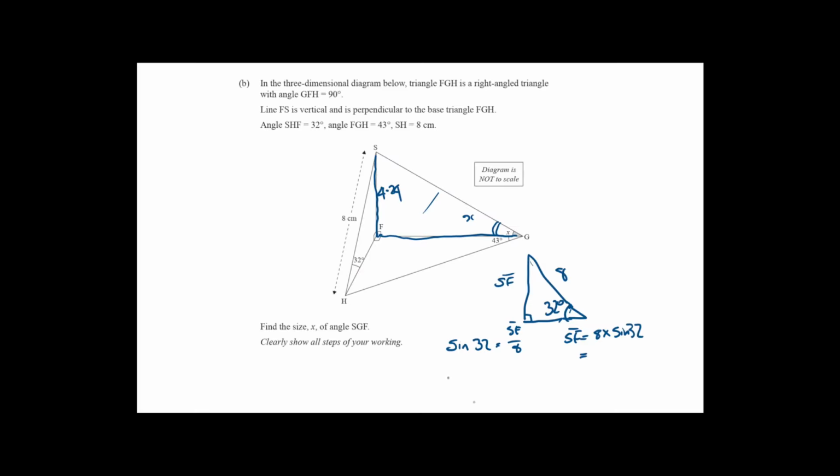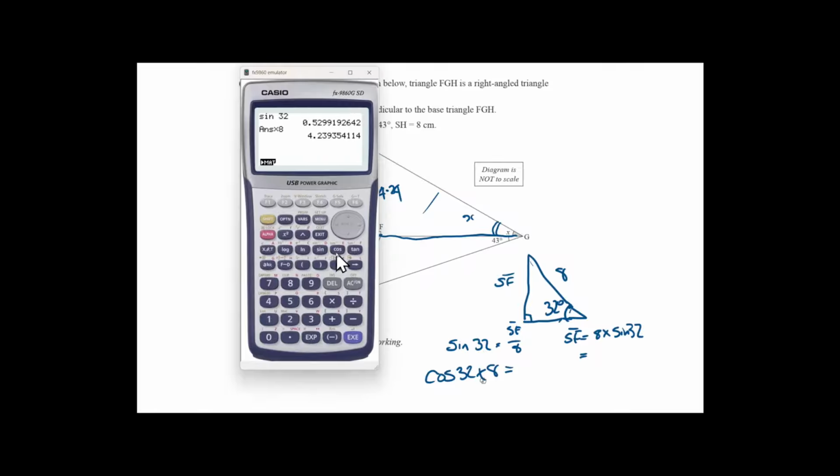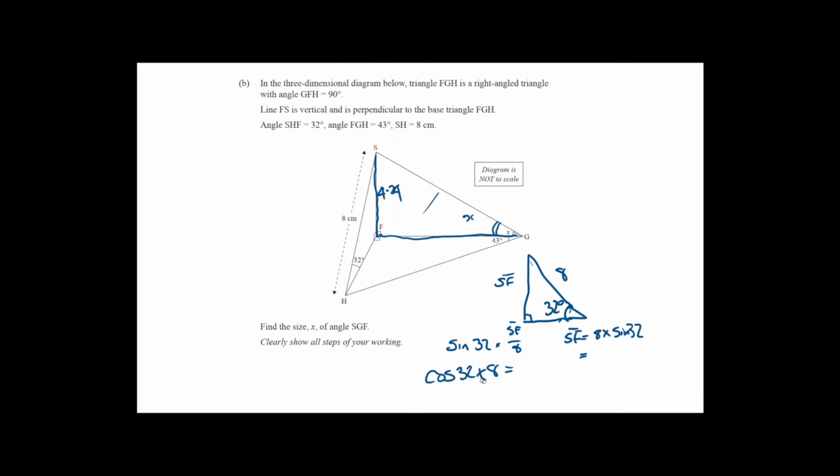Instead of sine 32 times 8, it's going to be cosine of 32 times 8. And we grab our trusty old calculator. So cosine of 32. Now in these CASIO calculators, I always do this separately, and I'm going to multiply that by 8. So 6.78.